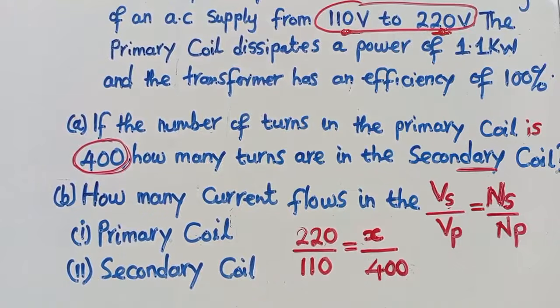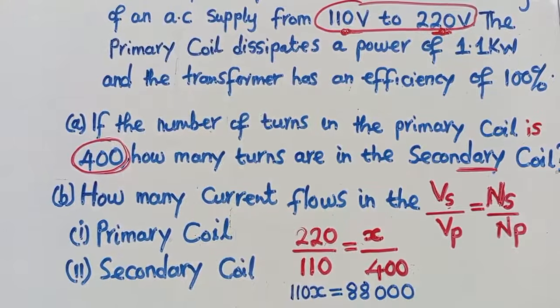Straight away, we say X times 110. So we are going to have 110X, which is equal to 220 times 400. You are going to get 88,000.